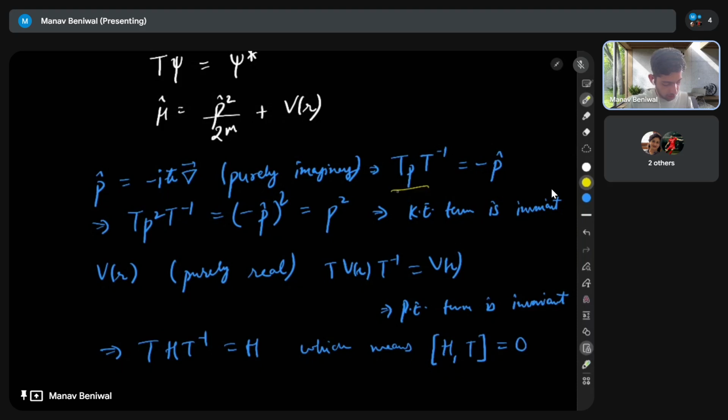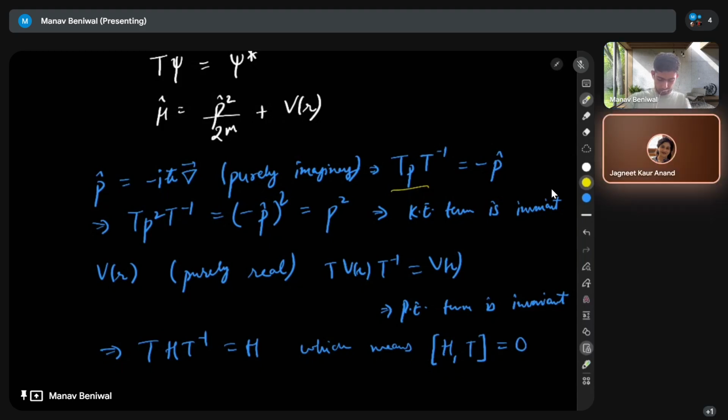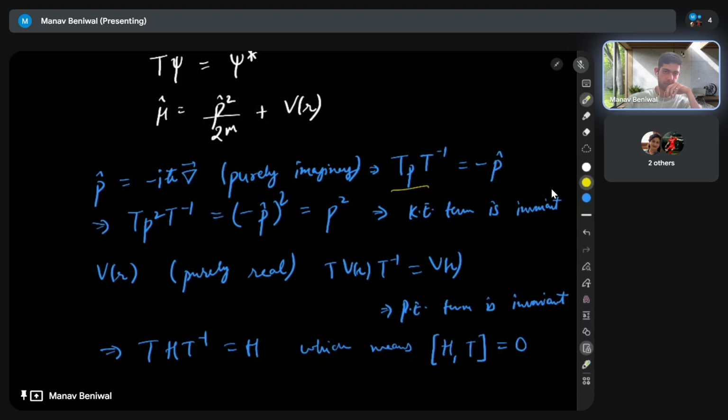Why we are doing this T P T inverse? Is this the expectation value of p we are calculating by this T inverse? No, this will not give us the expectation value.